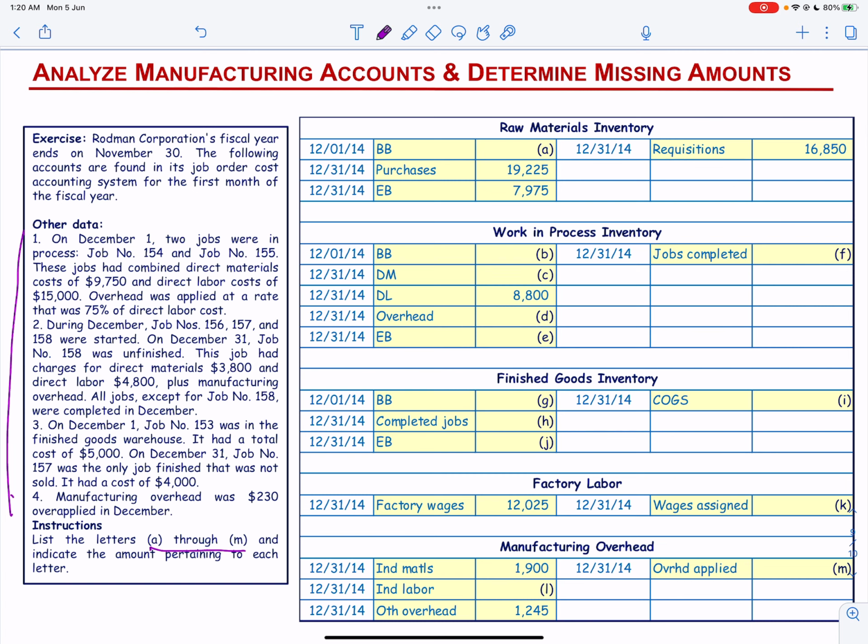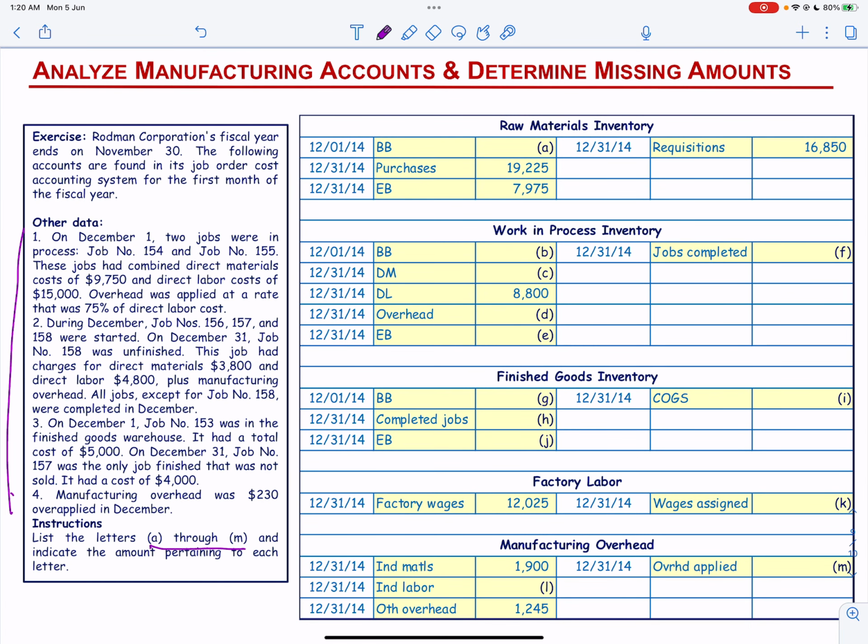Now first thing we need to do is have a quick look at what information is already available. We have the raw material inventory, we have to find out the beginning balance, the ending balance is given to us, purchases are given to us, requisition is given to us.